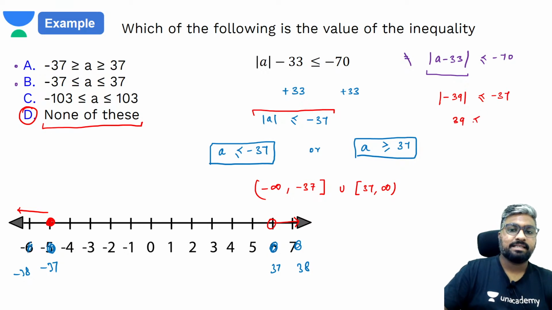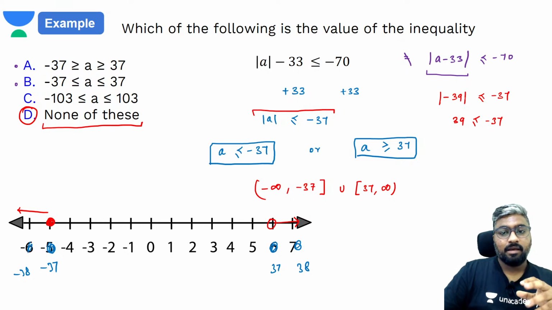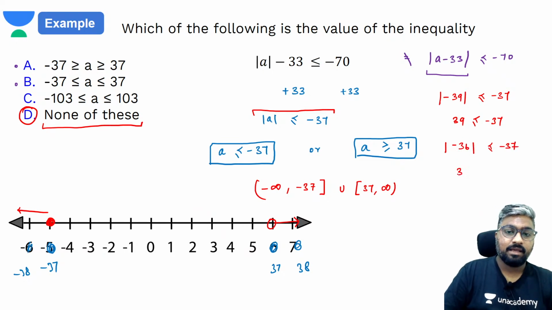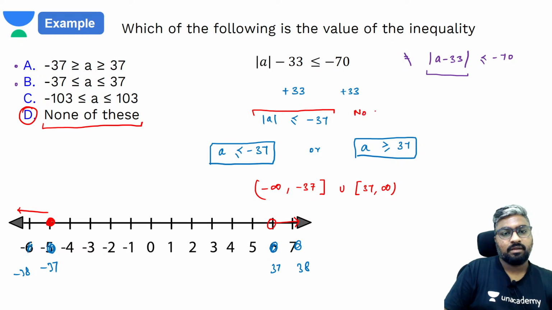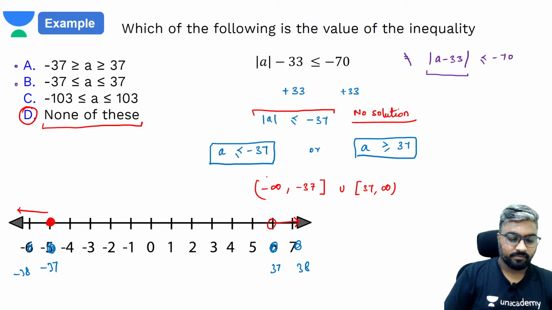Is 39 less than minus 37? No. Even if I put a bigger value, let's say minus 36 is less than or equal to minus 37, what will come here? 36 is less than or equal to minus 37. Is it true? No. Negative value. So if on one side you have modulus and on the other side a negative value, that's basically not possible. So this one technically will have no solution. Understood? Yes, so the answer is none of these.